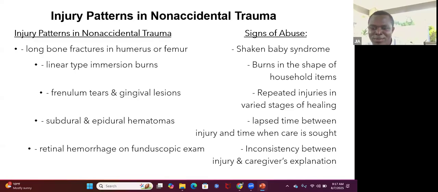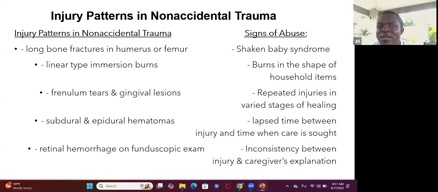Then the next one to talk about, lapse time between injury and time when care is sought. Most of the time, those abusers, those who normally engage in these acts, tend to delay healthcare, because sometimes it's out of fear. They might fear they might be questioned. So they normally delay.